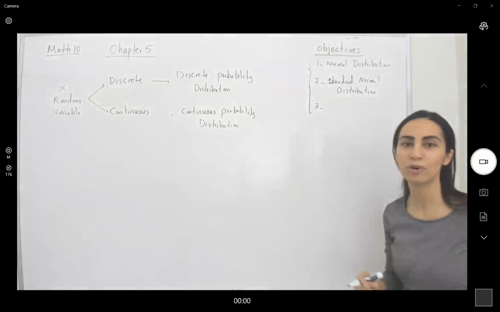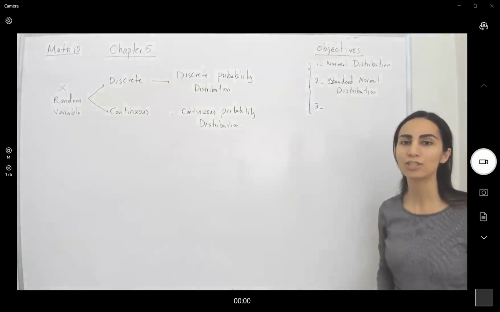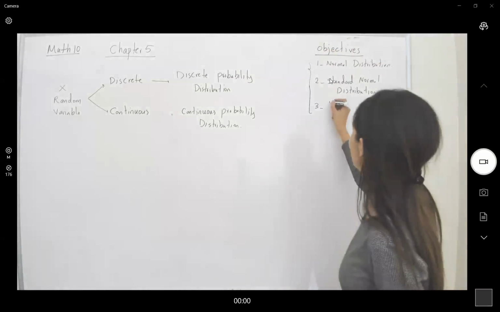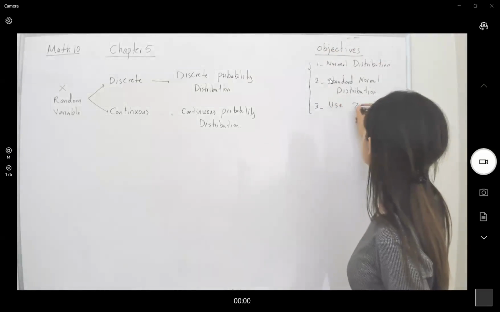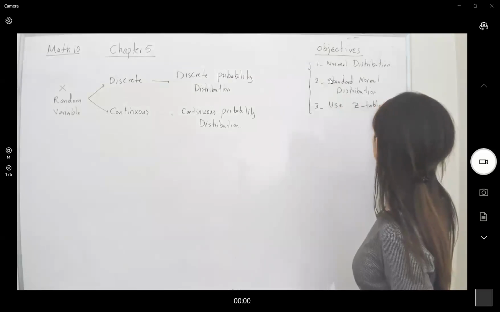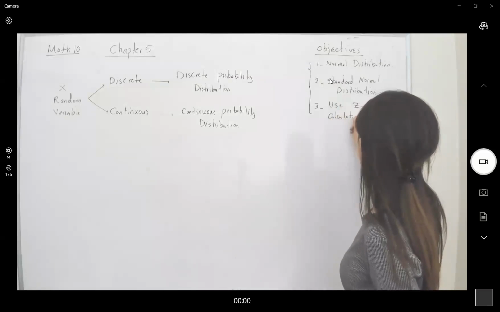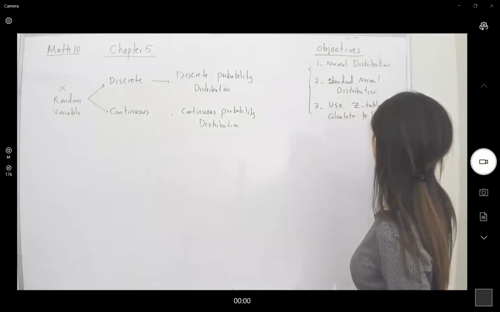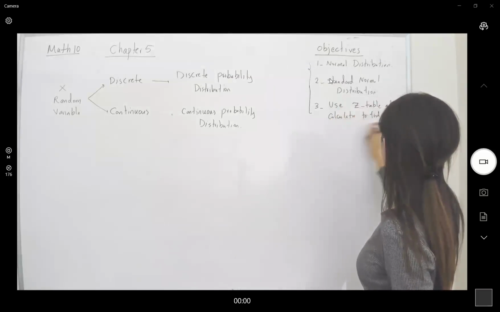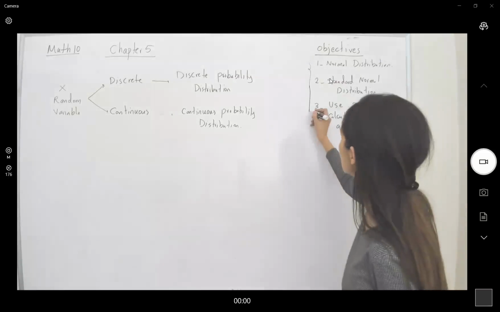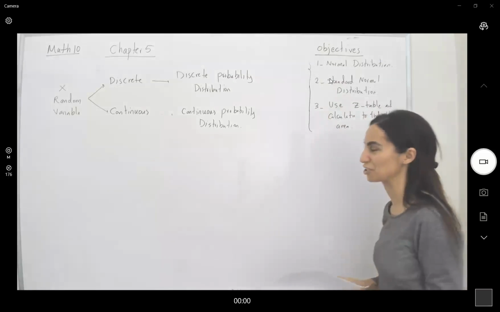Using z-table and calculator to actually calculate the area below the graph. Use z-table and calculator to find the area below the graph. These are our objectives for today's lecture.